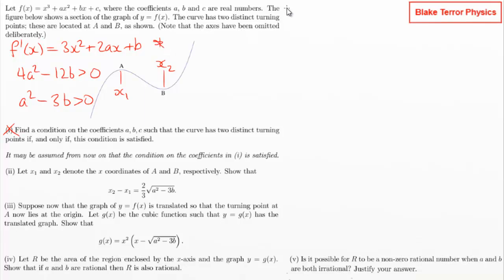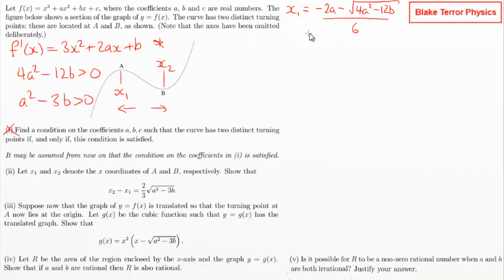So for x1 then, x1 is going to be minus b, so that's minus 2a. We'll have to take off the square root to go to the lower value. x2 will be adding it on. So take off the square root of 4a squared minus 12b, divide by 2a, which is 6.